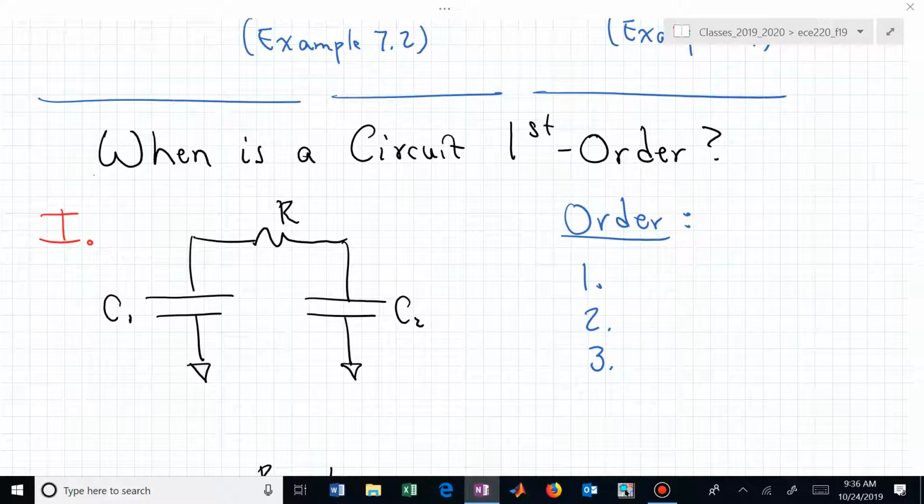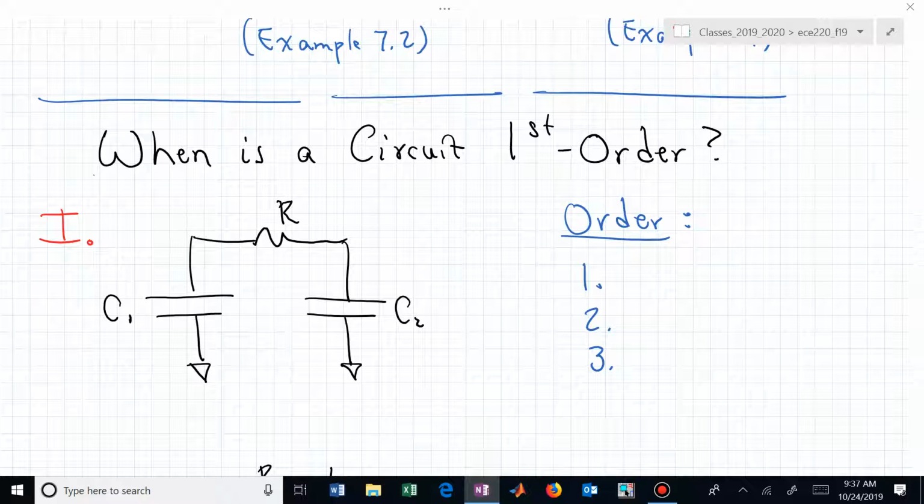And what determines order? Maybe I'll give you a little bit of a hint. What determines the order of a circuit? Generally, up until the last little bit, before we started talking about inductors and capacitors, everything was happening instantaneously, wasn't it? Our resistive circuits were just immediately showing currents and voltages.